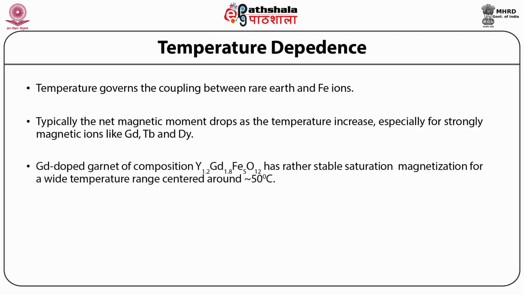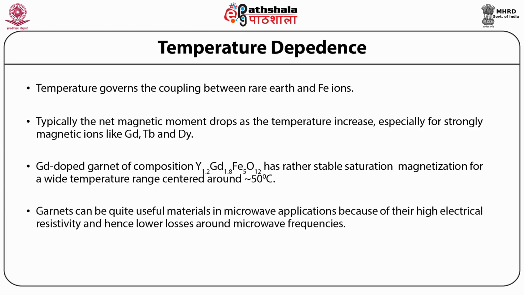Gd-doped garnet of composition Y1.2Gd1.8Fe5O12 has rather stable saturation magnetization for a wide temperature range centered around 50 degrees Celsius. Garnets can be quite useful materials in microwave applications because of their high electrical resistivity and hence lower losses around microwave frequencies.